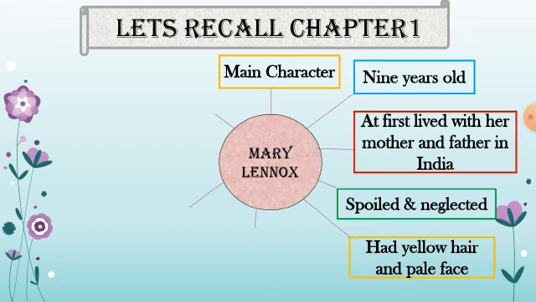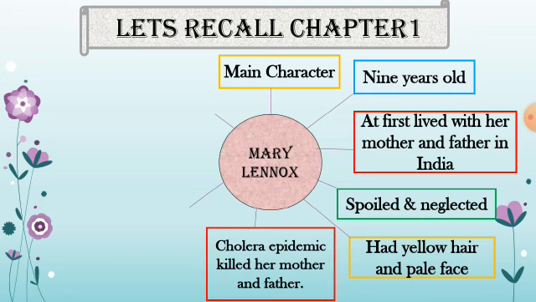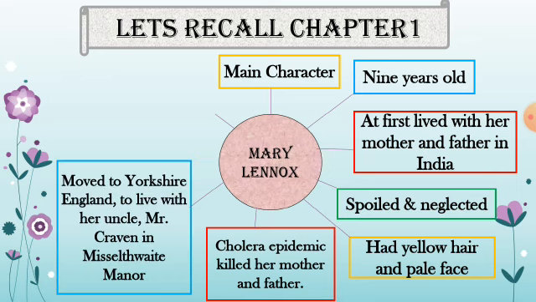She had yellow hair and a pale face because she was often ill. Then a cholera epidemic killed her mother and father and most of the servants. So she was sent to Yorkshire, England, to live with her uncle Mr. Archibald Craven in Misselthwaite Manor.